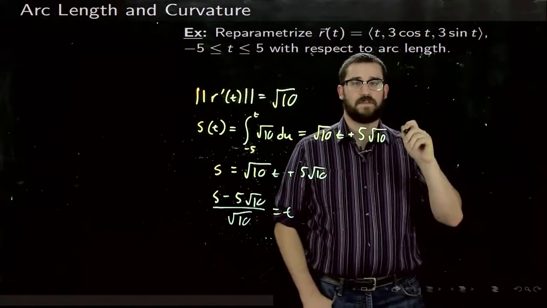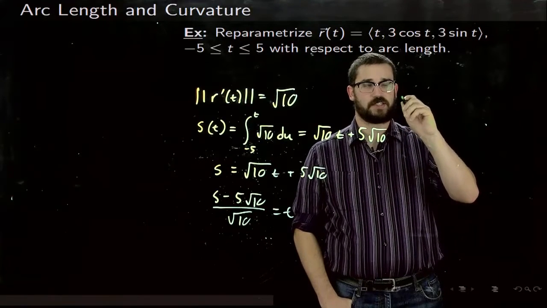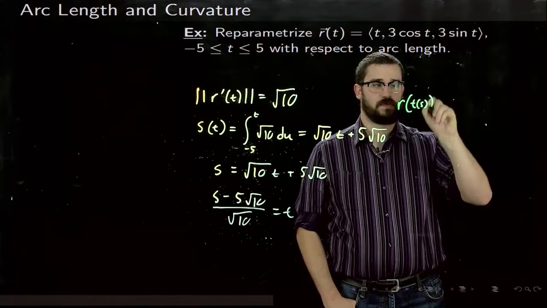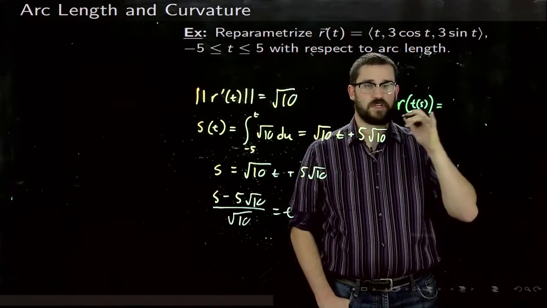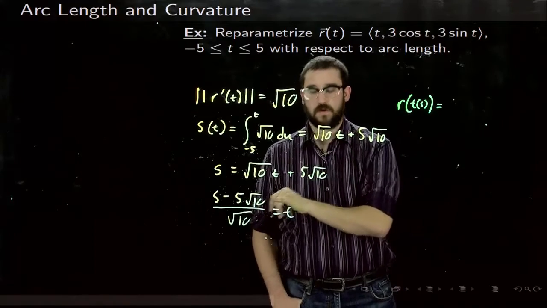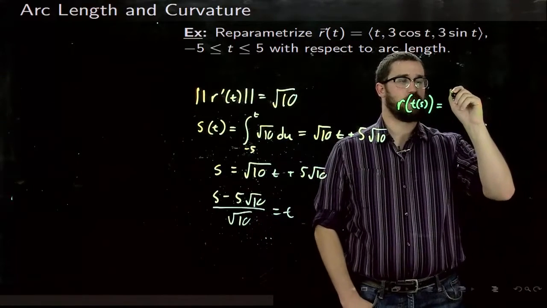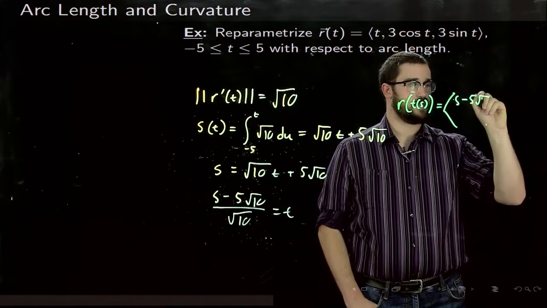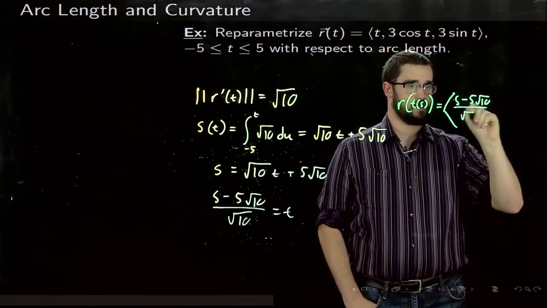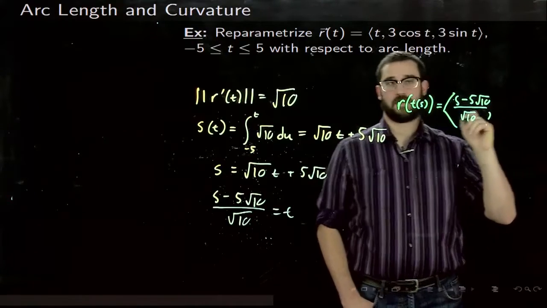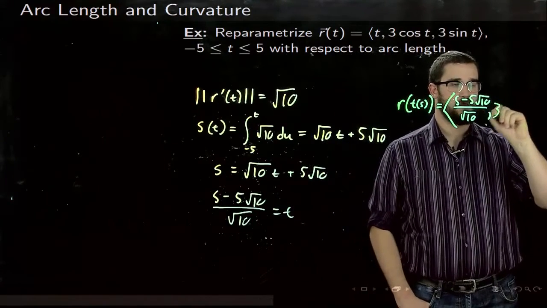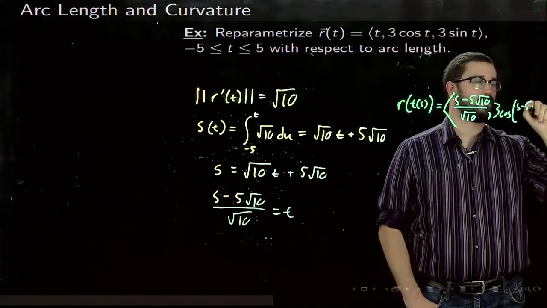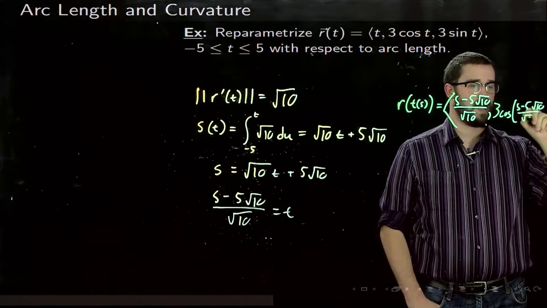So our arc length reparameterization is just going to be r of t of s, which we just plug in this for t. So we have s minus 5 root 10 over root 10, then 3 cosine of s minus 5 root 10 over root 10.